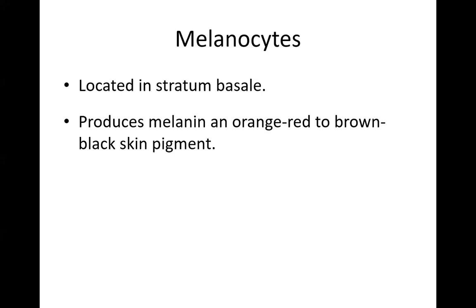When you look at somebody who has a really dark skin complexion compared to somebody who does not, the reason is not that the person with darker skin has more melanocytes. No, we have an equal number of melanocytes. But the person with a darker skin complexion secretes more melanin.